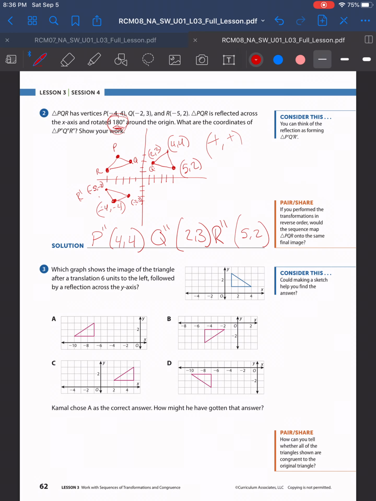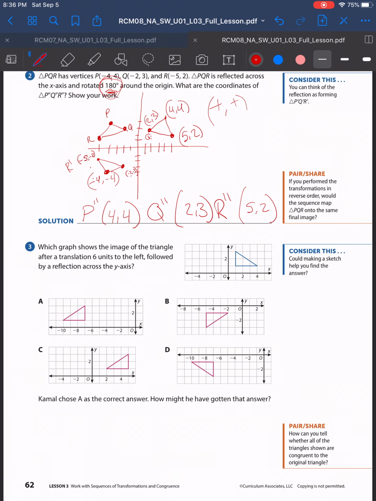All right, number 3. Which graph shows the image, remember the copy, of the triangle after a translation 6 units to the left, followed by a reflection across the y-axis? So if we went 6 to the left, we'd go 1, 2, 3, 4, 5, 6. So it would look like that.